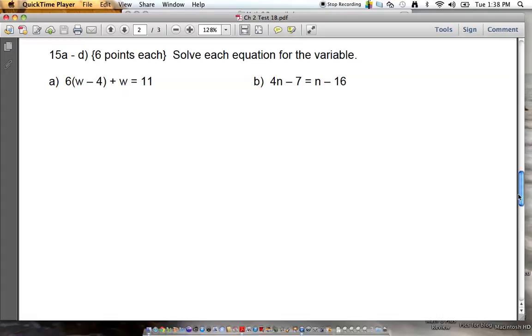Okay, 2 minutes it is. I got the clock on a timer.